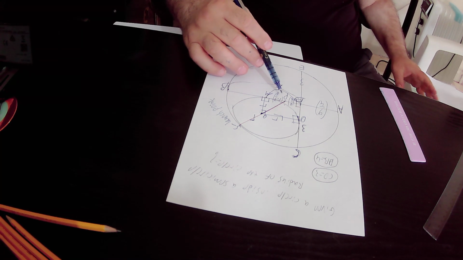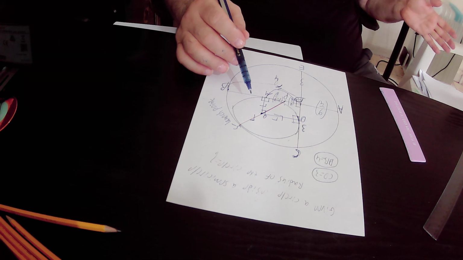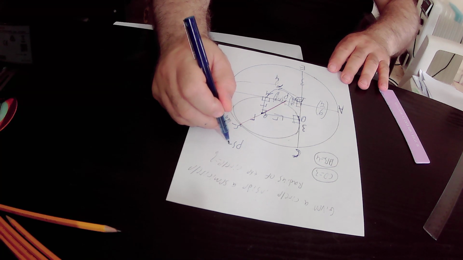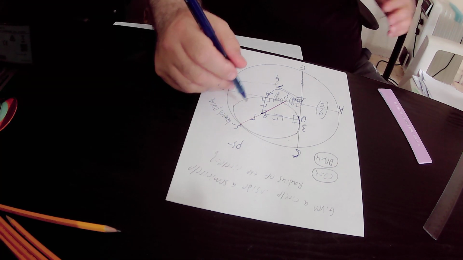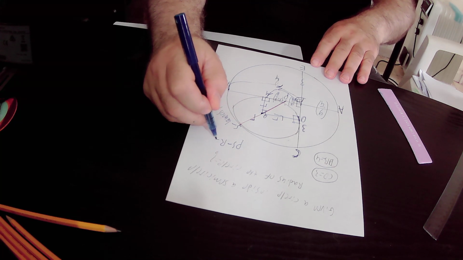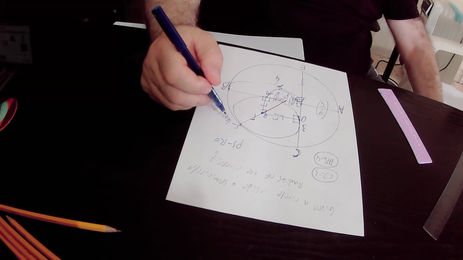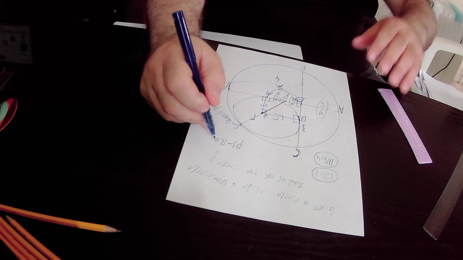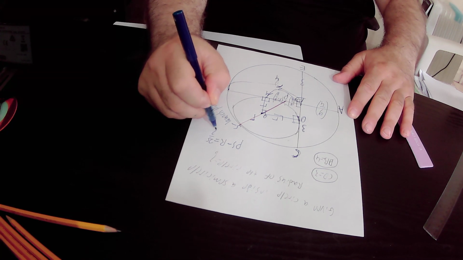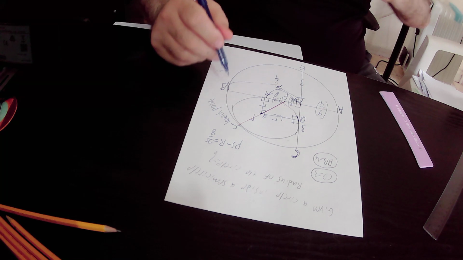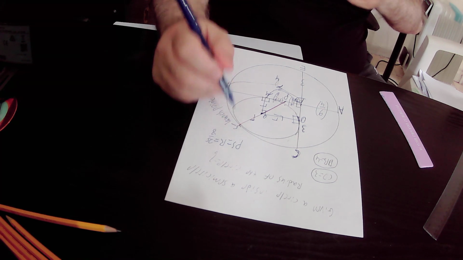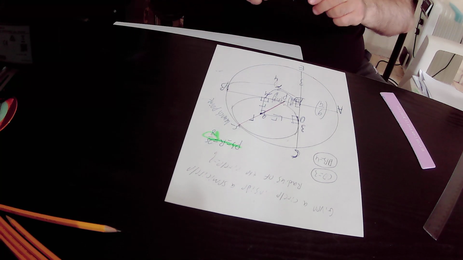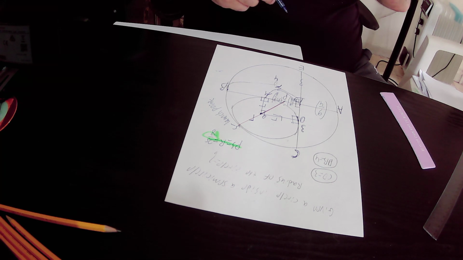P is the center of the big circle, S is a point on the big circle itself. That is to say, PS is the radius of the big circle that is equal to capital R. And capital R, we have already found out that capital R equals 25 over 8 units. Okay, PS equals capital R, that is 25 over 8 units, and QS equals small r, the radius of the small circle.